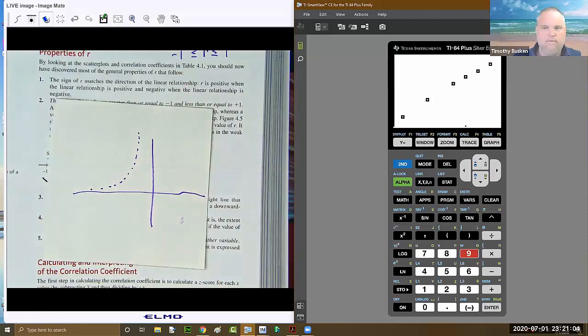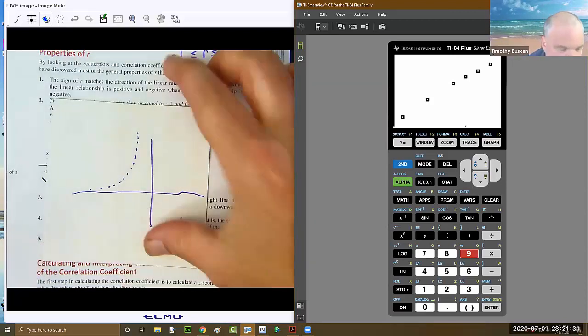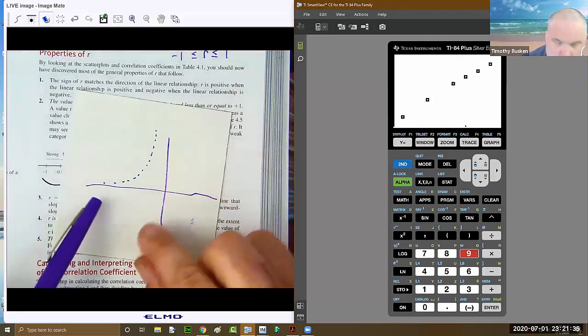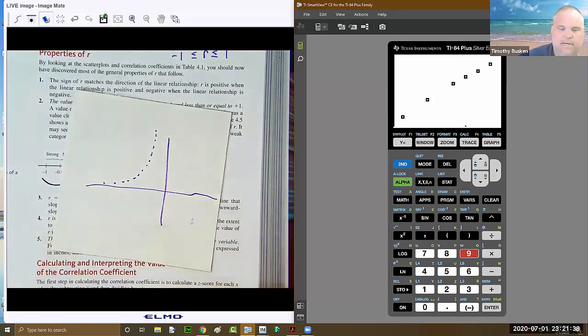There's not a perfect correlation here. There's not a linear correlation. So you're probably going to get a value of R for this data set that is close to 0. But at the same time, even though the linear correlation is non-existent for this data set, there is a strong nonlinear relationship that can be modeled by an exponential curve or an exponential function.